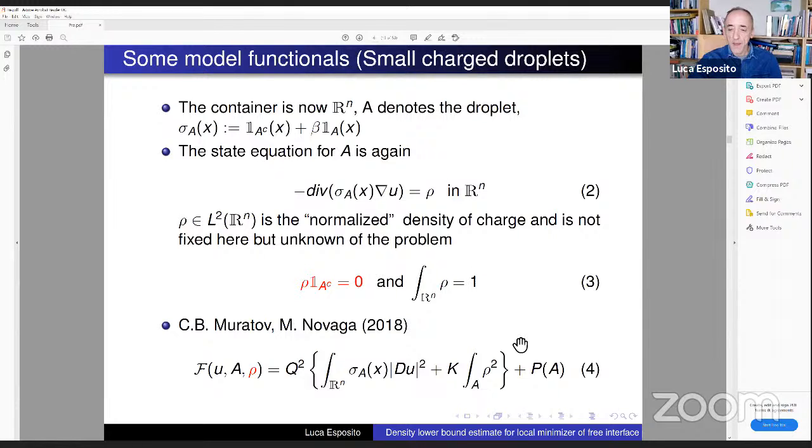Are there any more questions or comments? Hello? This reminds me of the relative isoperimetric problem.